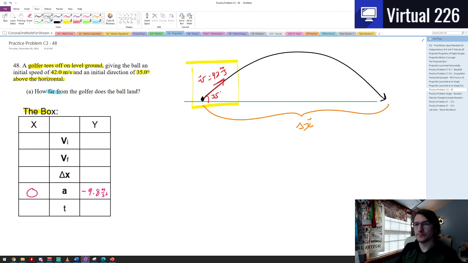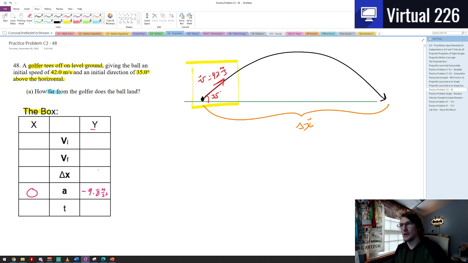What else do we know? Well, when we hit this golf ball, it goes up, comes back down, and lands on the ground again. If this is not in Pennsylvania where everything is a hill, it would land on the same level ground, the same height as before. And if that's the case, what's its displacement in the y direction?